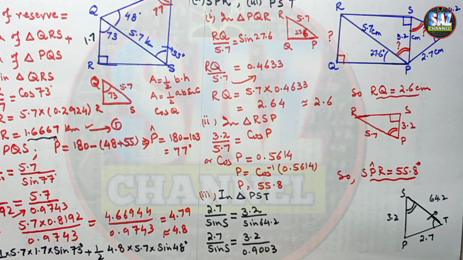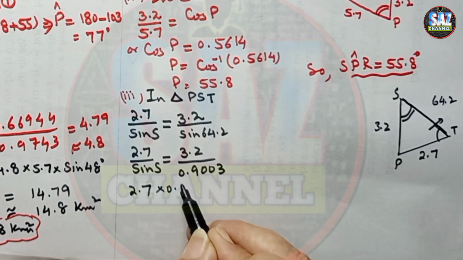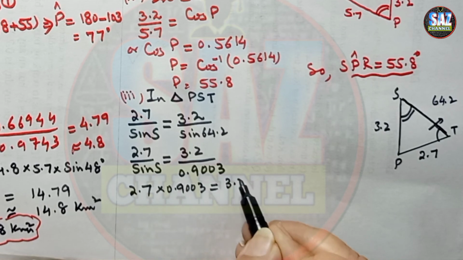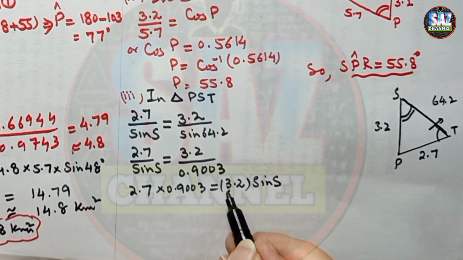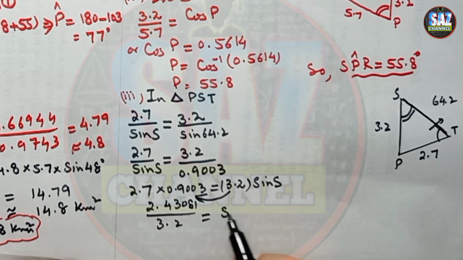Now go for cross multiplication: 2.7 multiplied by 0.9003 equals 3.2 into sine S. Now divide to the other side. Get the product of 2.7 by 0.9003, and this gives me 2.43081 upon 3.2 equals sine S.